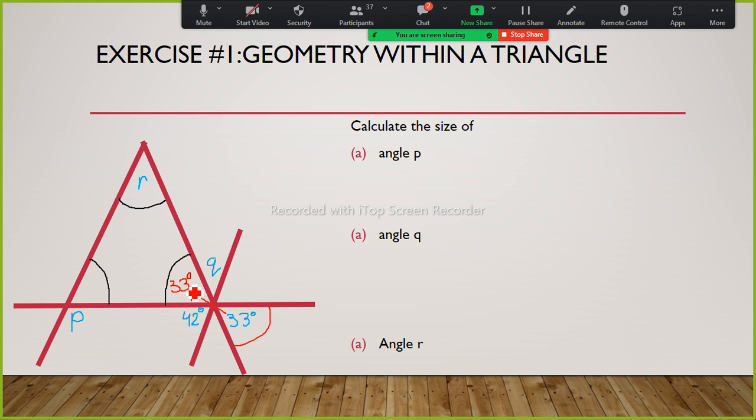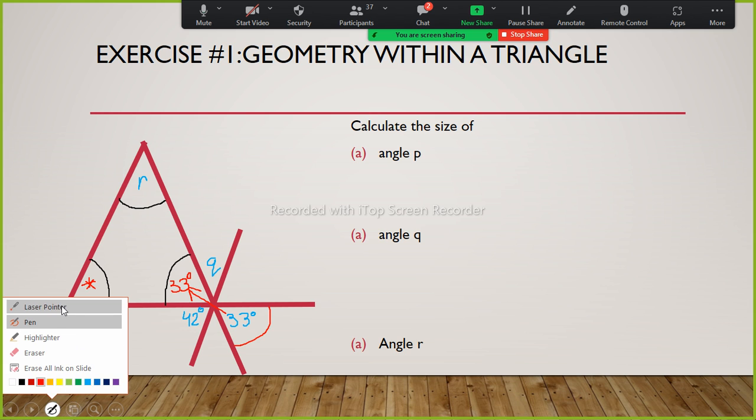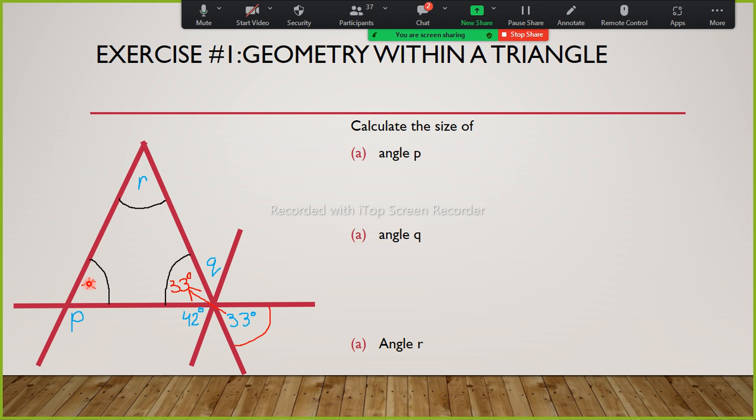Now, I need this one. How am I gonna get that? No, I need this one. I'm trying to find R, right? I need 33. I got that.